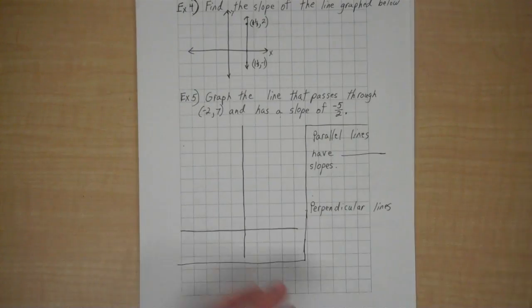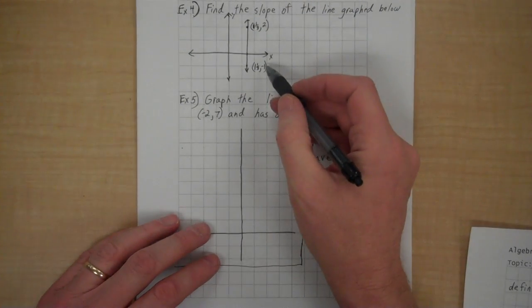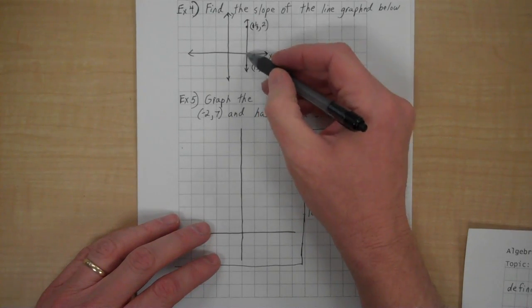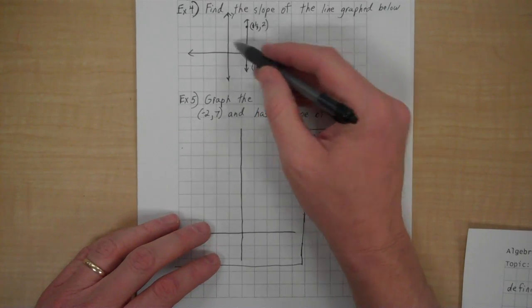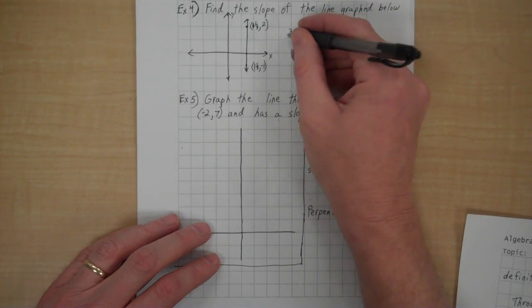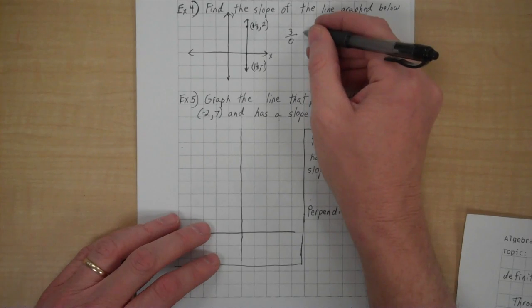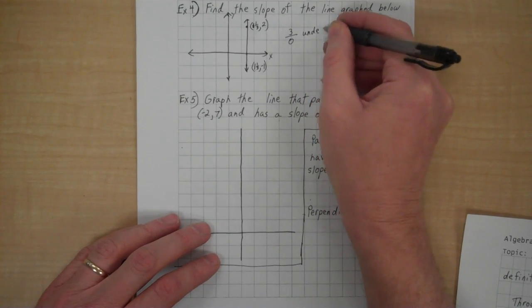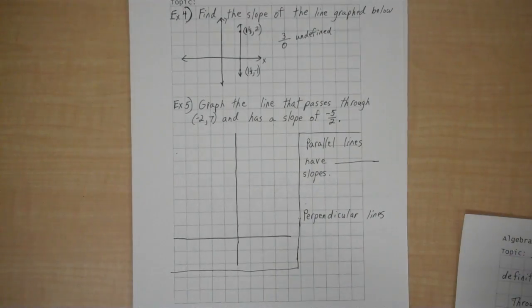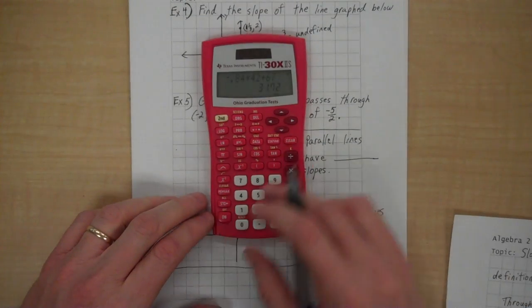Example 4. Find the slope of the line graphed below. Well, the rise, it's got all sorts of rise, 1, 2, 3 units. The run, it does not go left or right. The rise is 3, the run is 0. That is undefined. You are not going to calculate that one very easily.